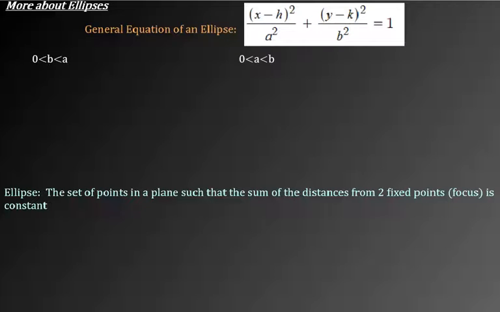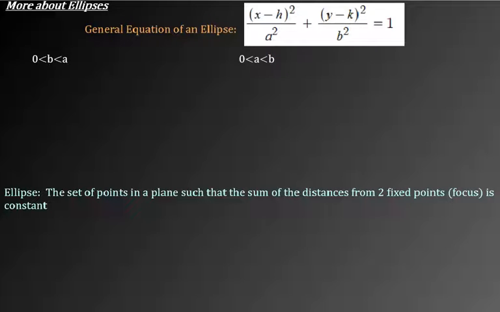All right, so ellipses. There's definitely some important stuff I want to talk about. But to get started, I just want to do a quick reminder on this piece. There are two types of ellipses, right? We can have a left-right one and a vertical one. And it's all tied to these a and b values here.